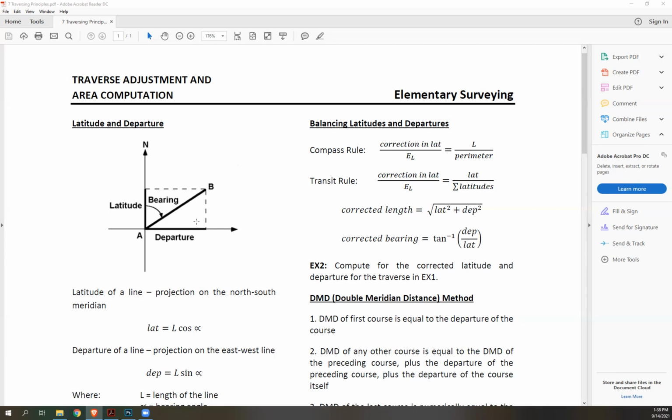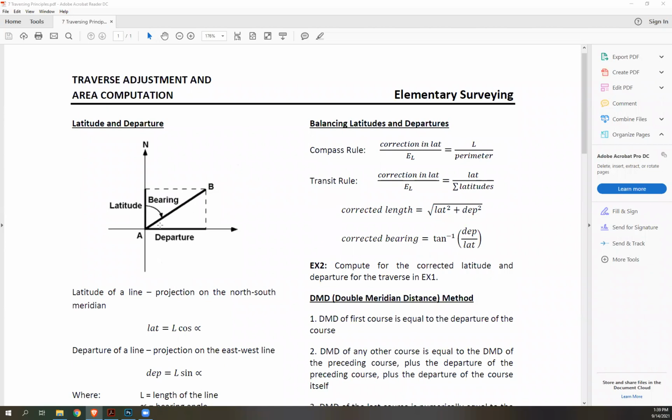Okay. Now, another way to look at it is latitude is always the vertical component of a line. Departure is always the horizontal component of a line. And then, using that definition, we can create an equation for both latitude and departure. Since latitude is the vertical component, and given this angle here, which is your bearing, you can figure out the value of this using your trigonometric functions, specifically your cosine.